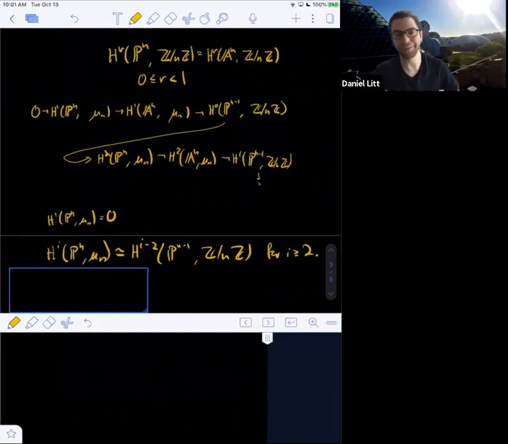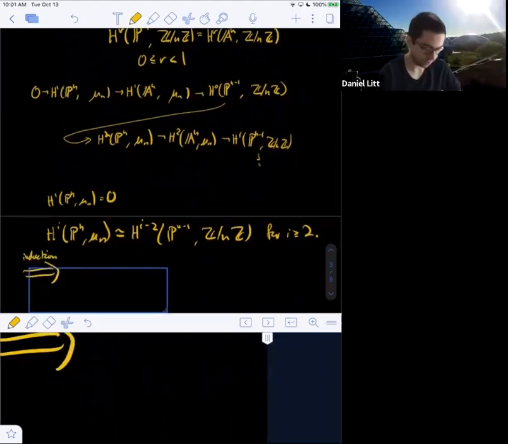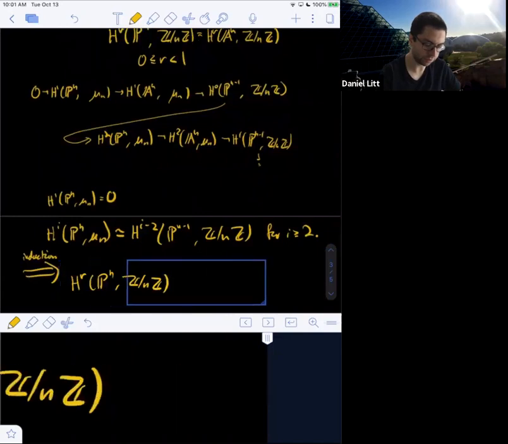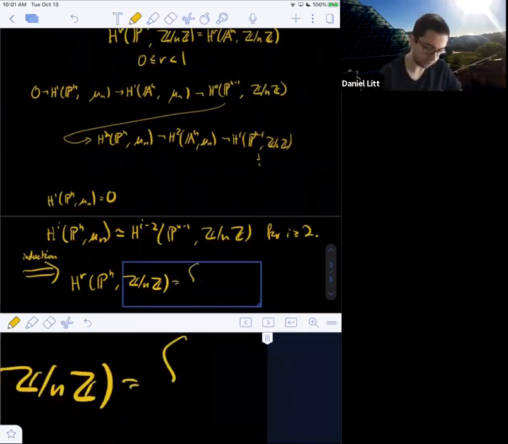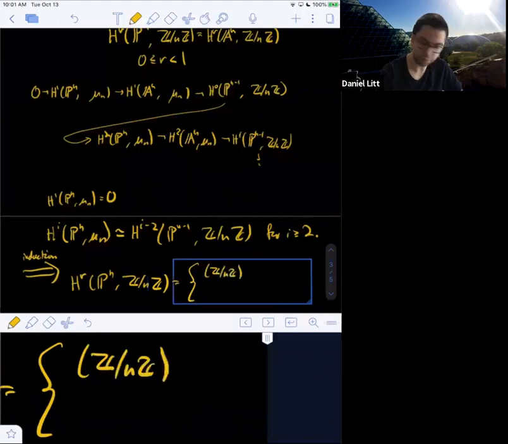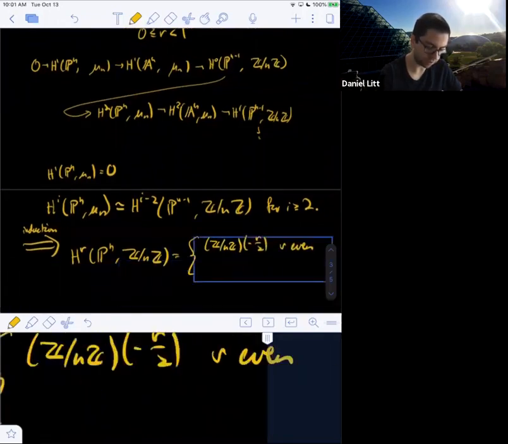Induction. Yeah, so now we use induction on n, and the output is that H r of P n, and let me just phrase things with Z mod n Z coefficients, is going to be Z mod n Z twisted by negative r over 2 for r even, and 0 otherwise.